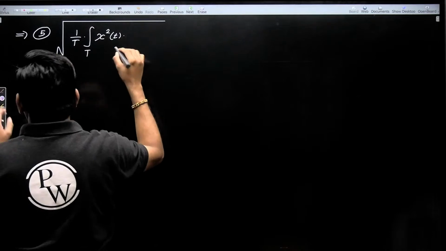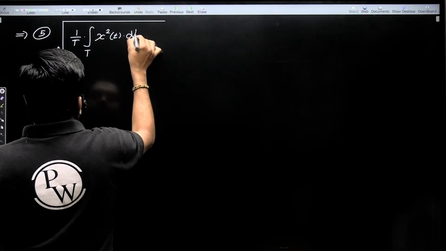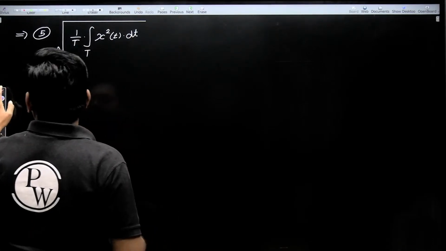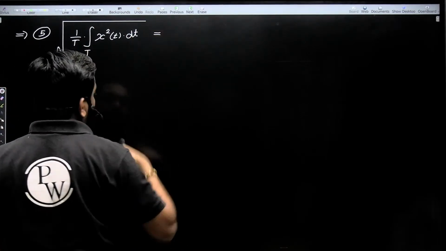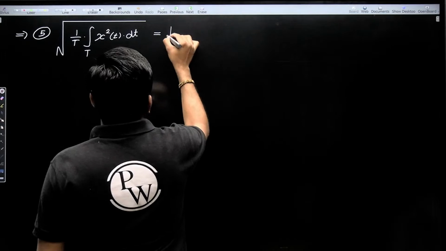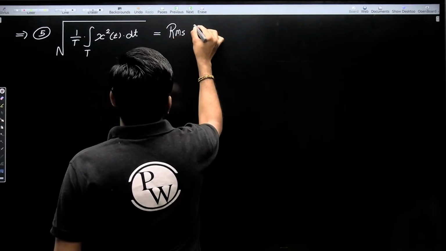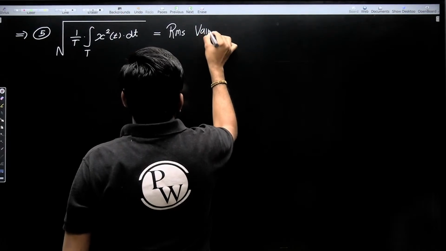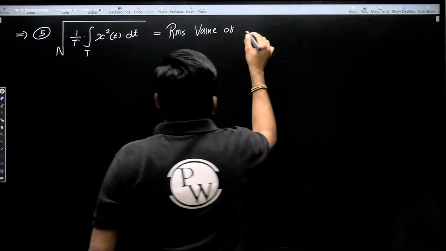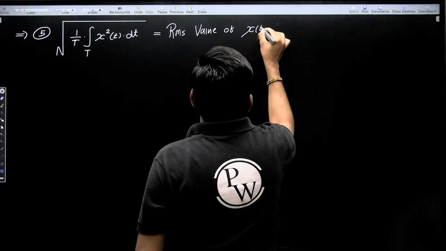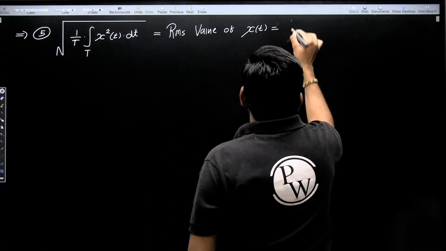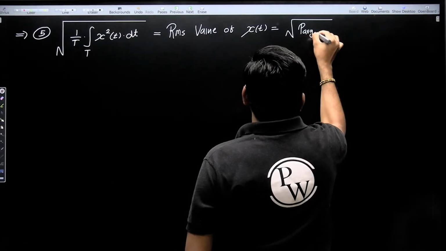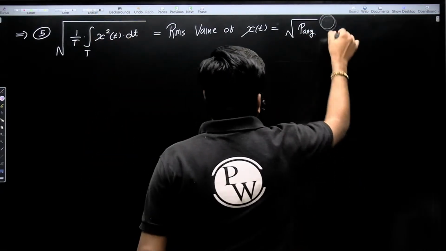Correct? So this is known as what? Square root of mean square, that is the RMS value of x of t, or we can say under root of average power of x of t. Correct? Square root of average power of x of t.